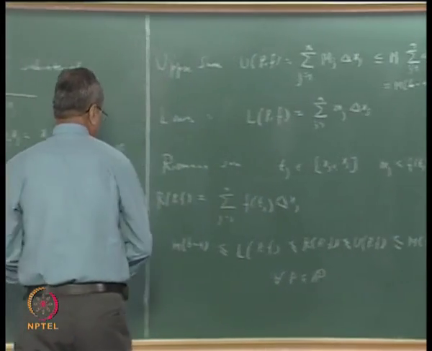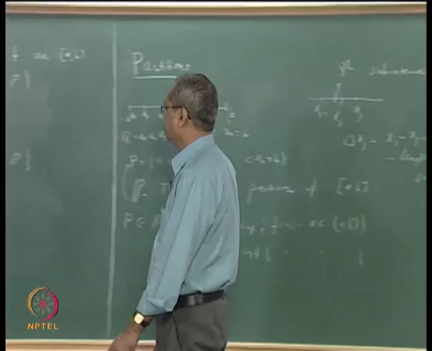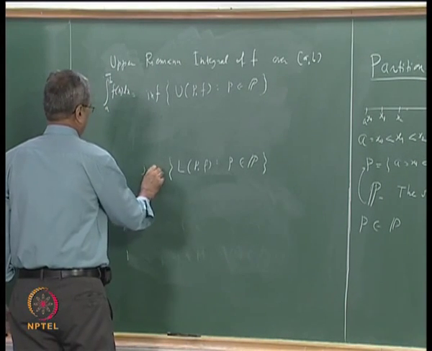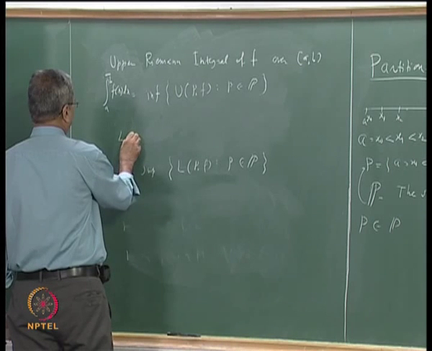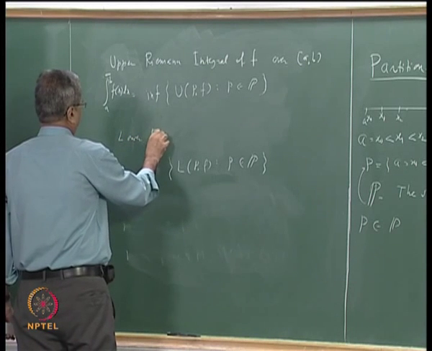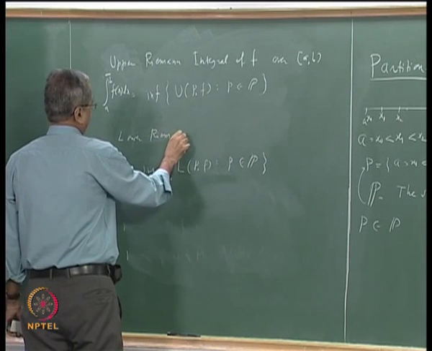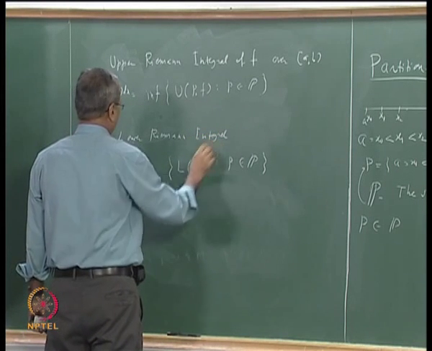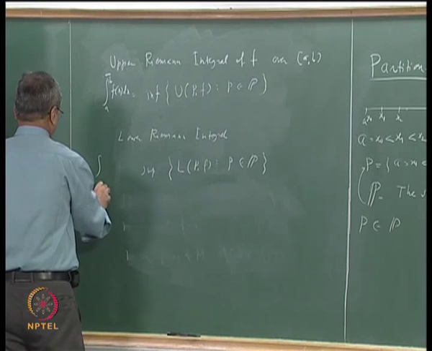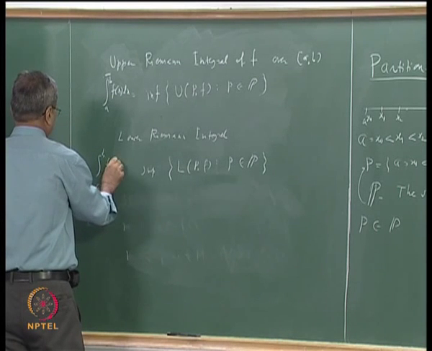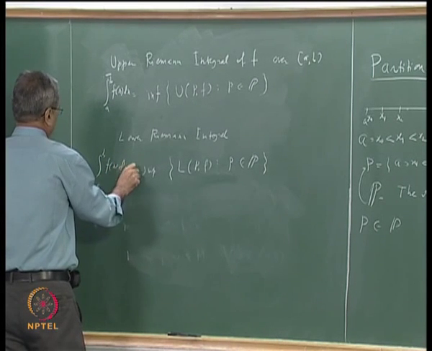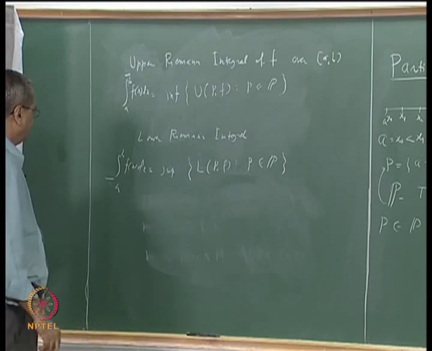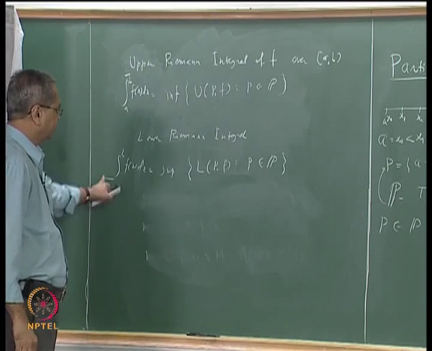So we can take its supremum, that is the least upper bound, and that is called the lower Riemann integral, okay, and that is denoted by integral a to b f(x) dx. It is the lower Riemann integral, so we put one bar below this integral sign.